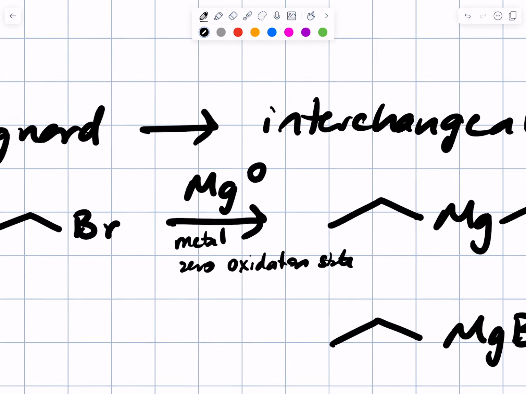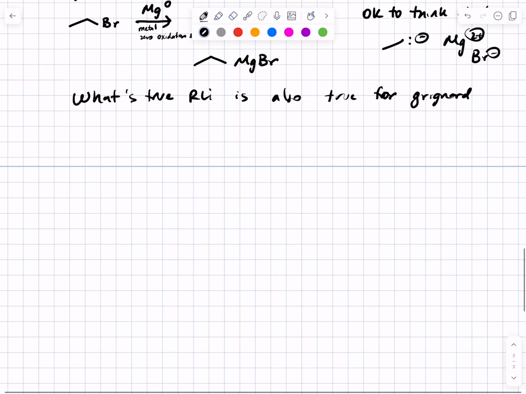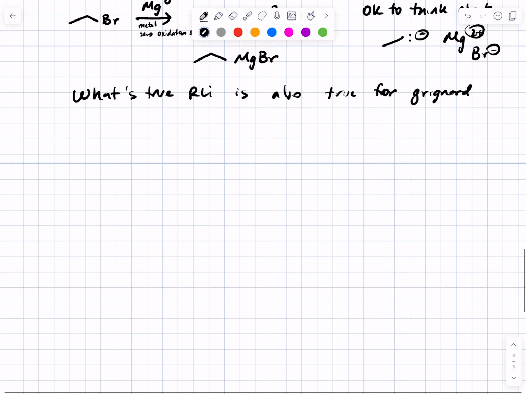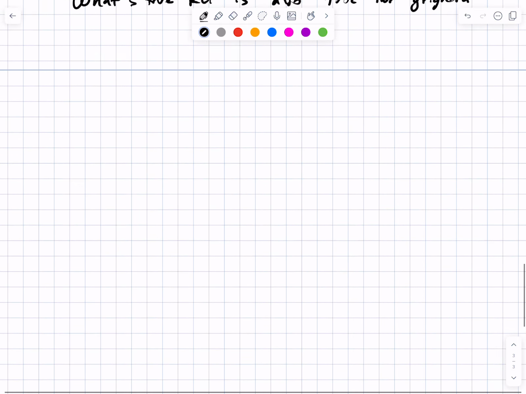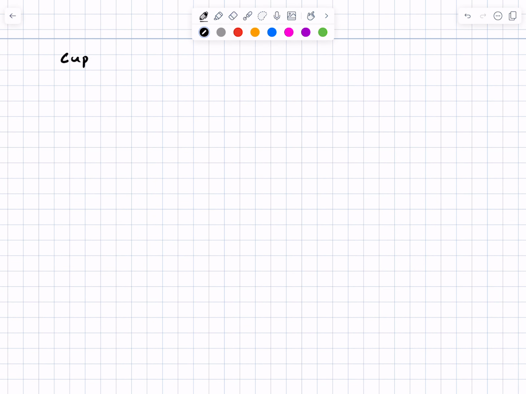Okay. Now, we need to talk about cuprates, which are weird. It turns out you make cuprates from organolithium reagents. And you've learned how to make organolithium reagents above.